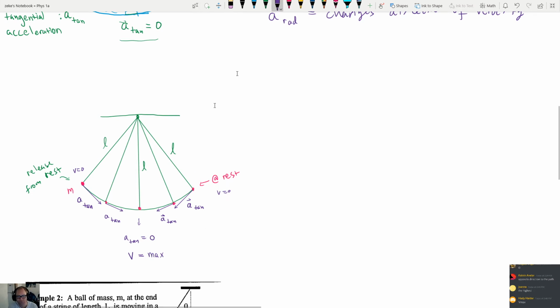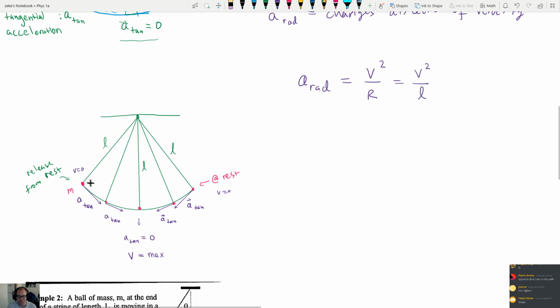Now, at first, the radial acceleration, and just to remind you, radial acceleration is equal to velocity squared divided by radius, right? In our case, that's going to be the velocity squared divided by the length of this string right here, right? So let's start drawing some radial acceleration vectors.